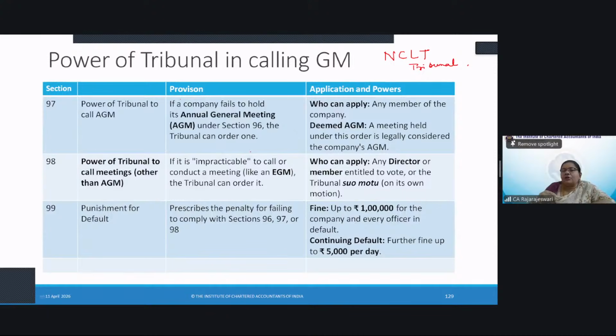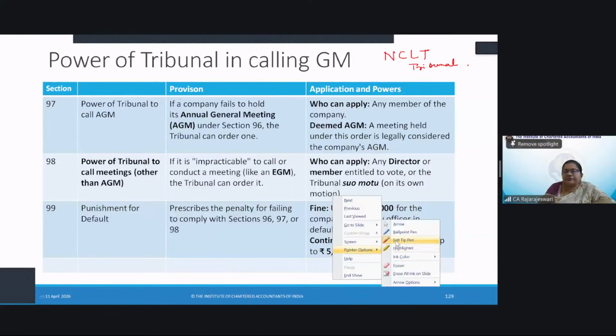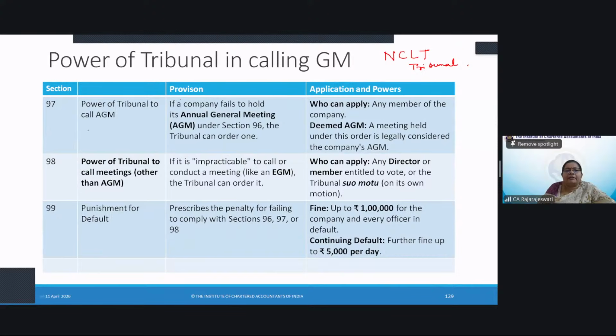So if the company fails to hold a general meeting, what is the power of the tribunal to call a meeting? If a company fails to hold its general meeting under section 96, the tribunal can order.